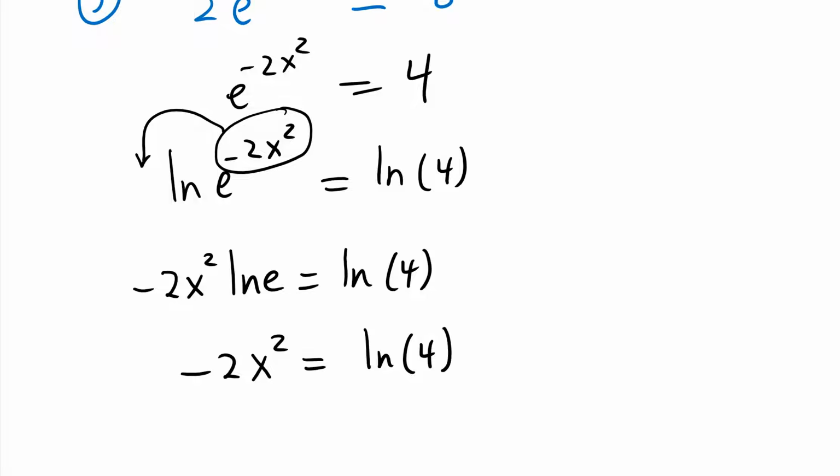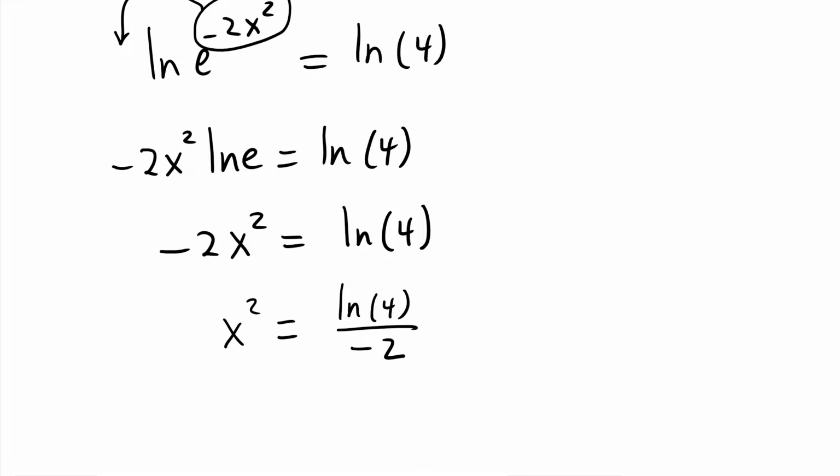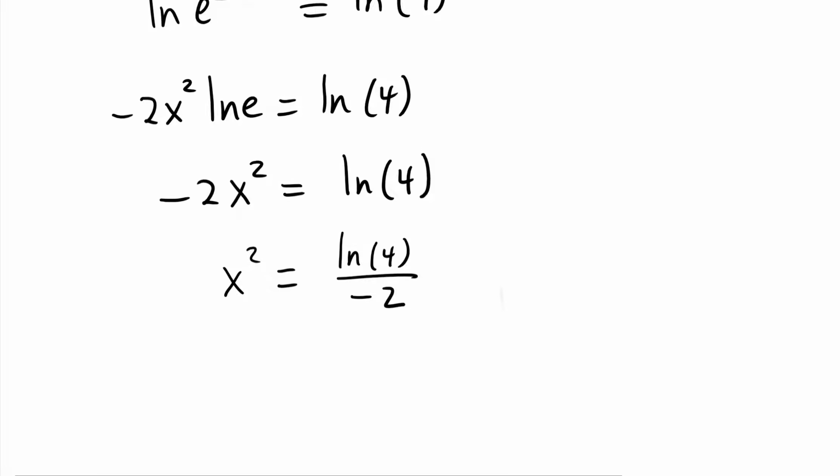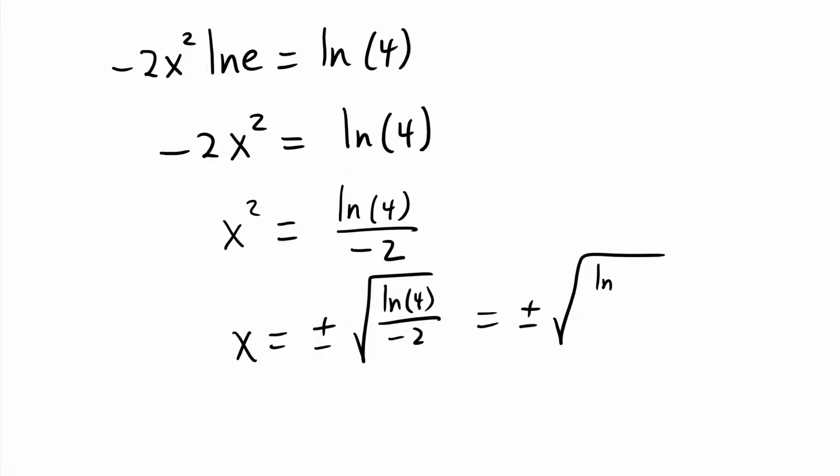So to solve for x, we divide both sides by -2. Then what is x? If we are solving over the complex numbers, x would be plus or minus the square root of natural log of 4 over -2. One thing you can do with this, the 4 you can write as 2 squared.